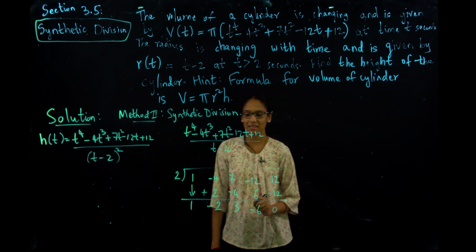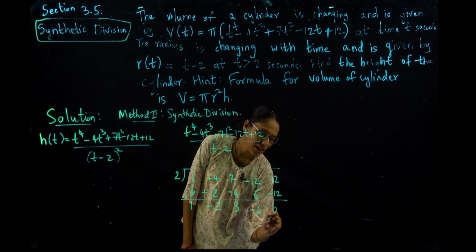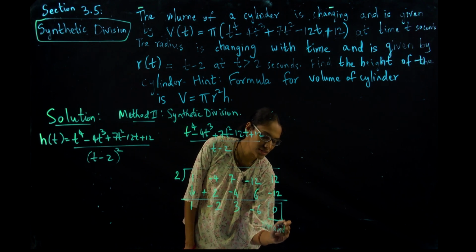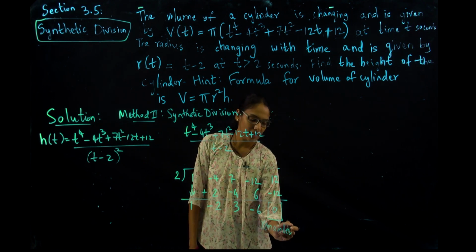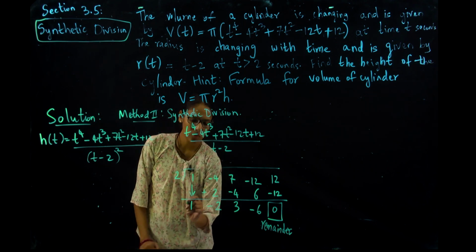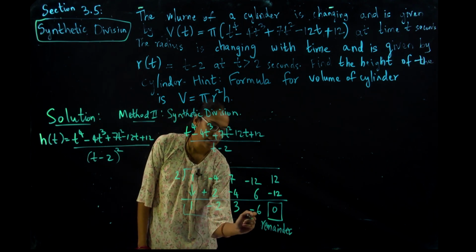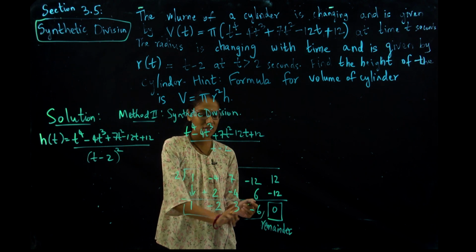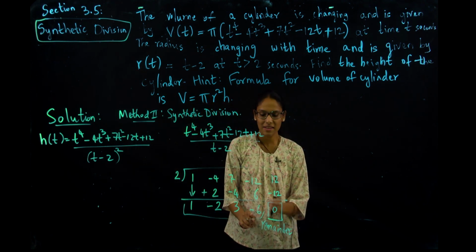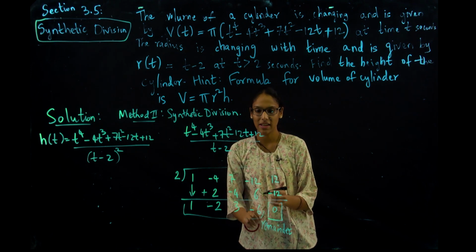So this last piece here is the remainder, which is 0 in this case. And the rest tells us what the quotient is. These are going to be the coefficients corresponding to each piece in the quotient. So how we write it, start from the rightmost term of negative 6.